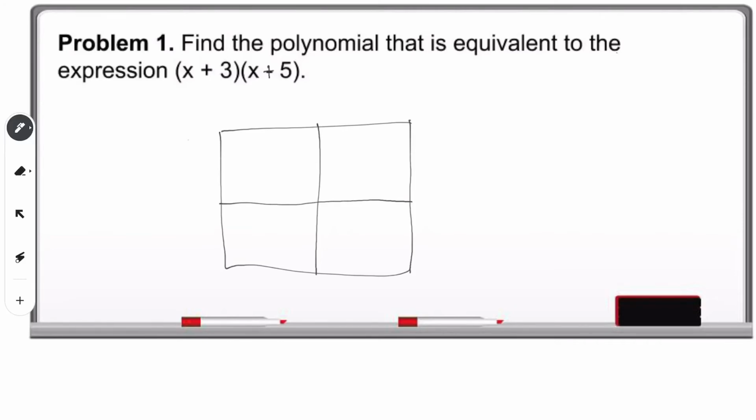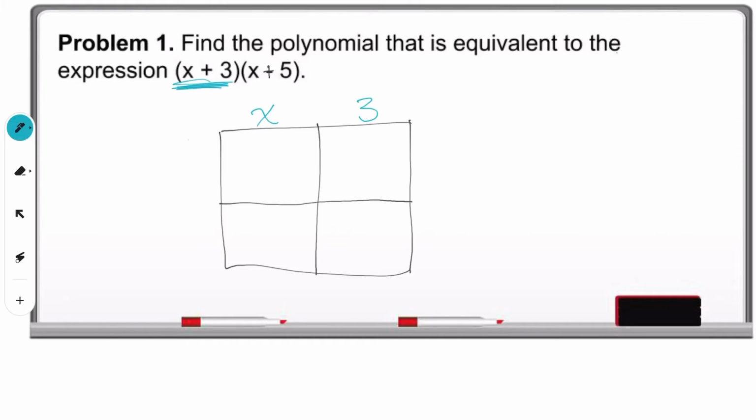On top of the box, we're going to take this first polynomial, x plus 3. We're going to write our first term, x, on top of the left box, and then our second term, 3, on top of the right box. We do not have to write the plus sign.